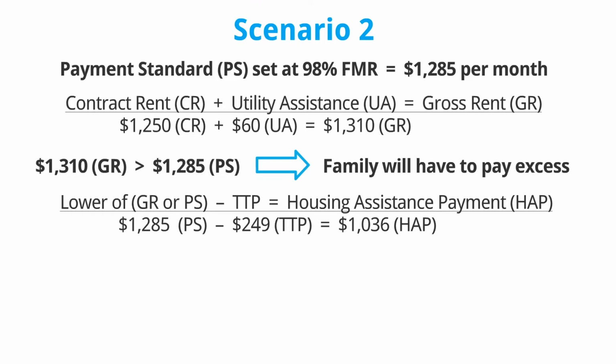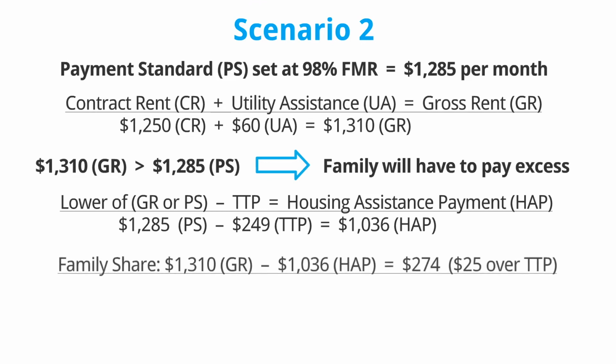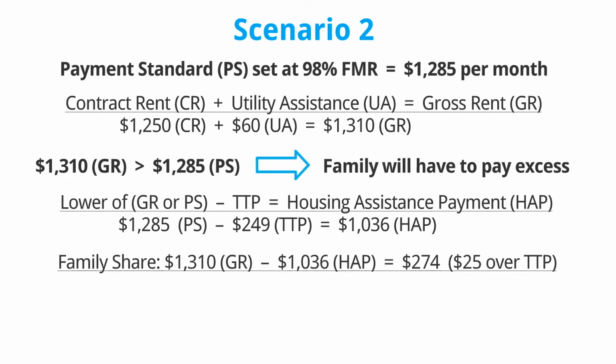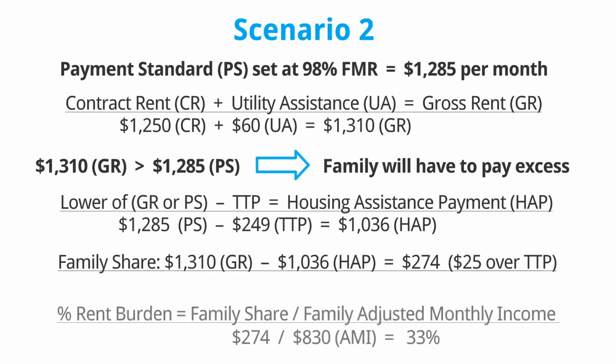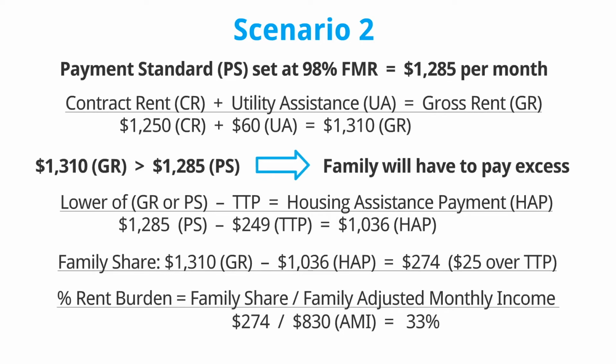The $1,285 payment standard minus the total tenant payment of $249 gives us the PHA's amount of $1,036. The family will pay the remaining $274, or 33% of their monthly adjusted gross income.